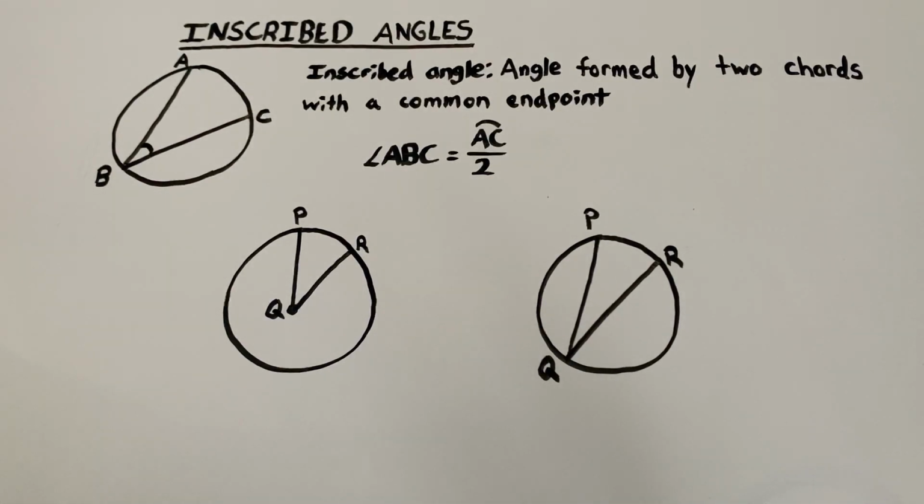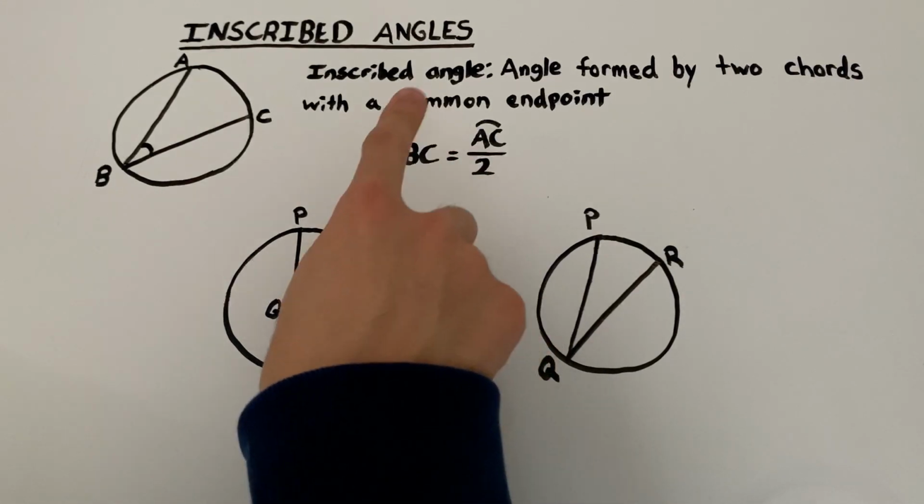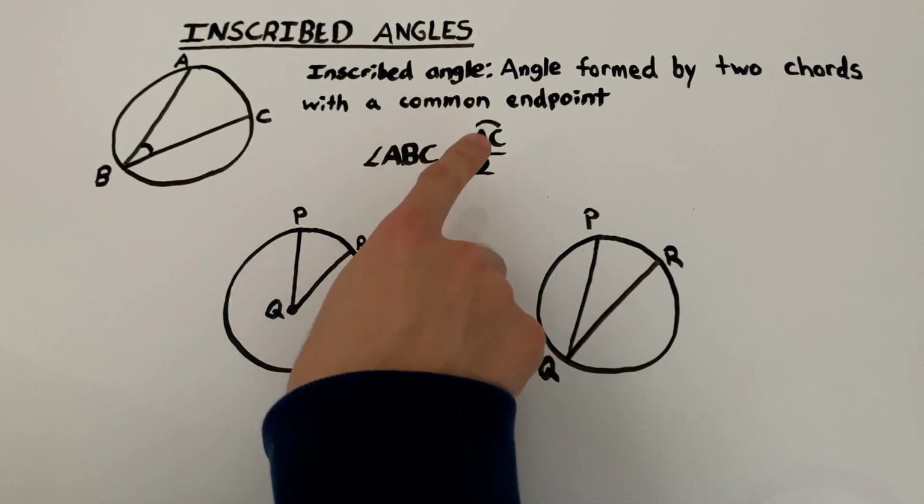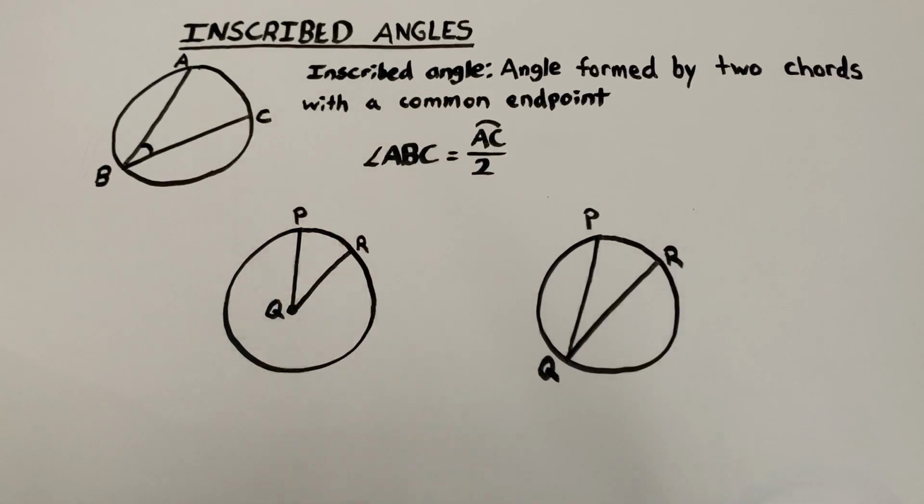Now there's a very useful relationship between inscribed angles and the arcs that they're inscribed in. Angle ABC is equal to arc AC over 2. And we can apply this right away with an example.